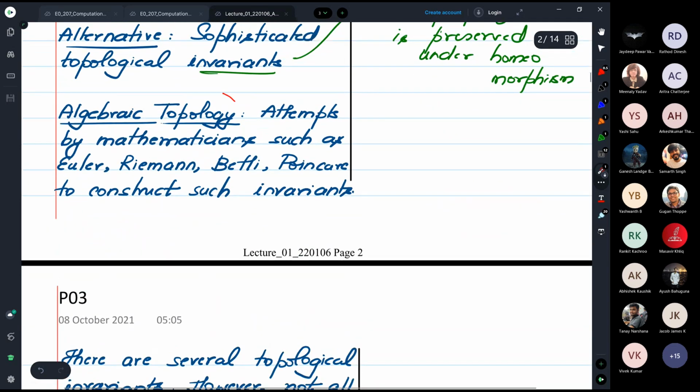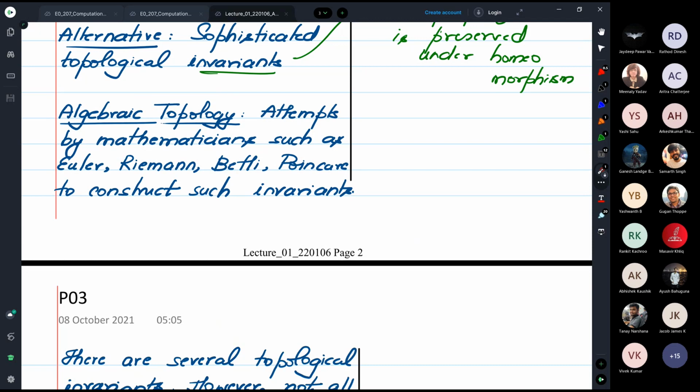And the field of algebraic topology, if you wanted a one-line summary of what it is all about, is the study of attempts by some of the greatest mathematicians of recent times, such as Euler, Riemann, Betti, Poincaré, and others, to identify, study and construct such topological invariants. This is like a two-page overview of what algebraic topology is.